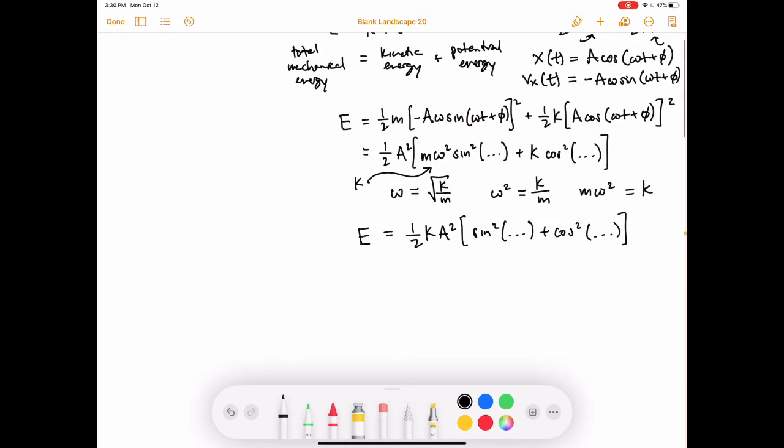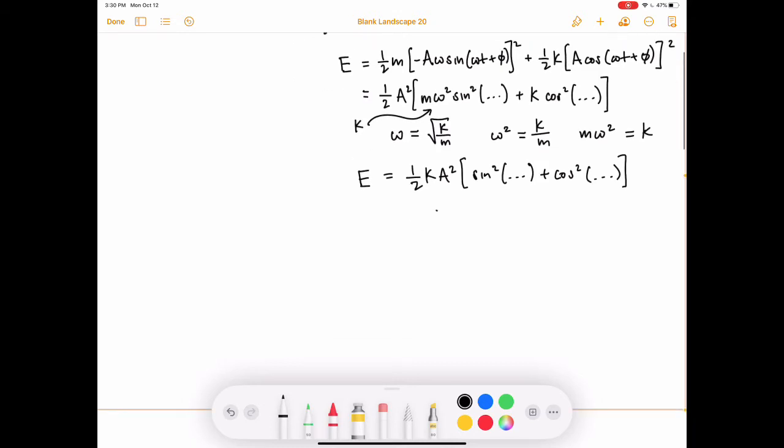But it actually doesn't really matter because the trig identity we're using here is that sine squared of an angle, let's call it beta, plus cosine squared of that same angle is always equal to 1, regardless of what the angle beta is. So because of that, in the brackets, we simply have 1.